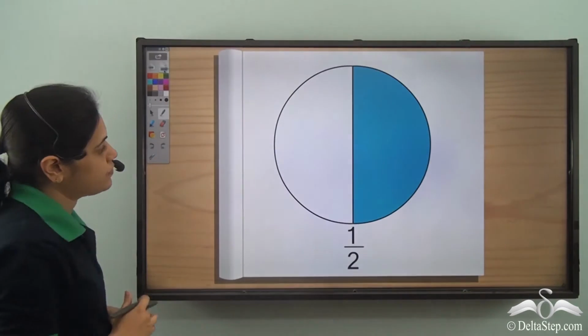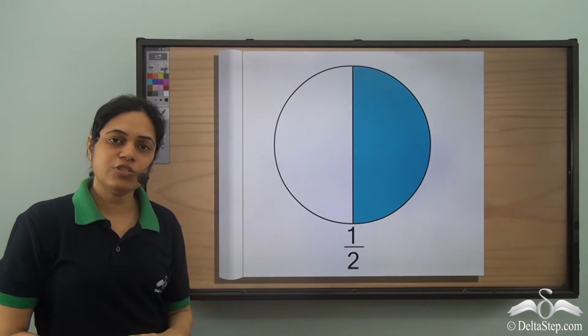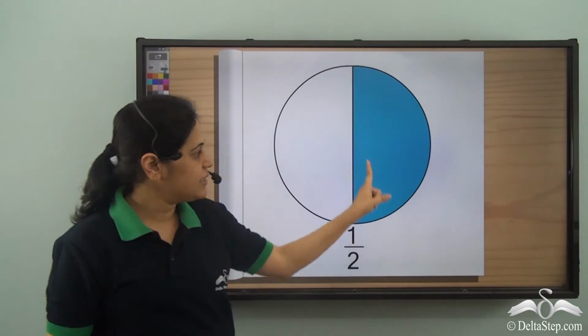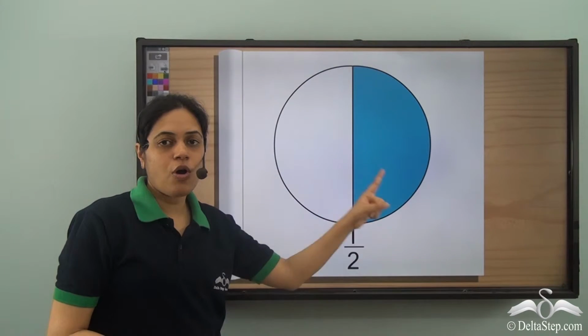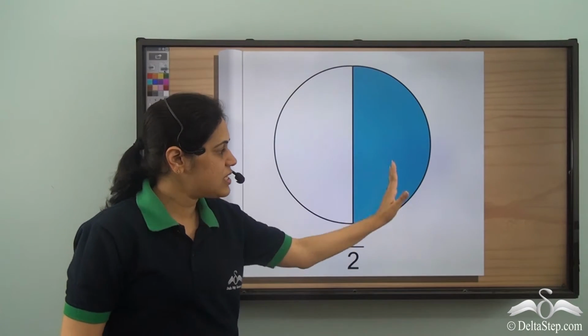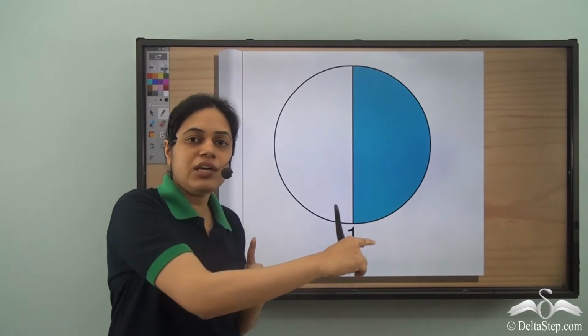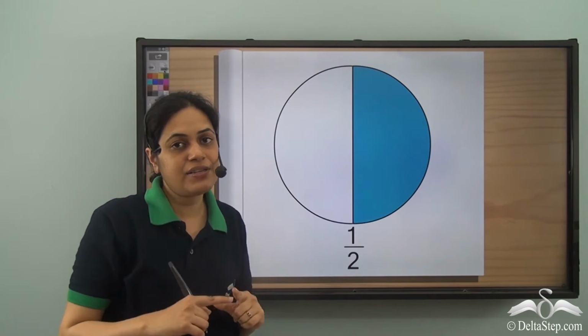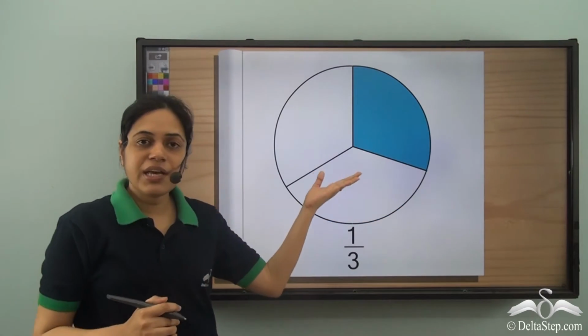Now, if I have a circle and if I divide this circle into two equal parts and consider one part, this is 1 by 2 or half. If I increase the total number of parts, that is if I divide the circle into 3 equal parts, this is what I get.